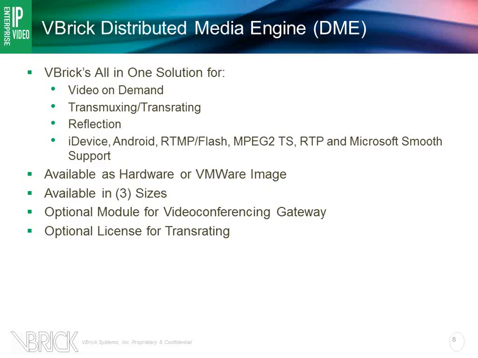RTP, which is good for Android and Android phones, and Microsoft Smooth streaming support, which is big now as well. So this is just kind of our Swiss Army knife box, if you will, that gives us the ability to do a lot of the things that will allow you to get to more than one type of screen: PCs, Macs, mobile devices, flash players, that kind of thing.